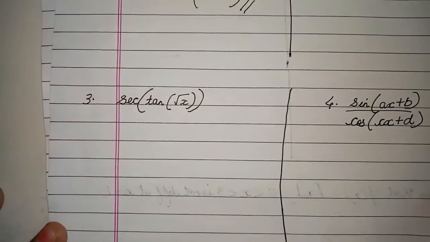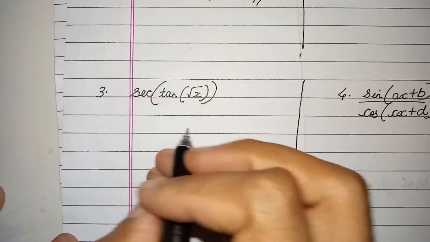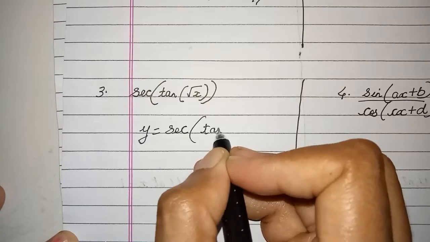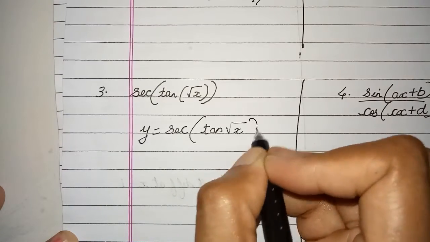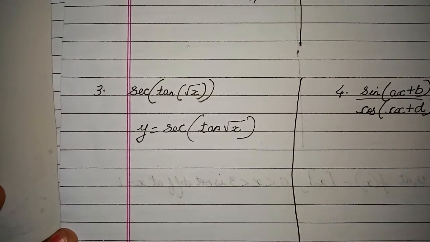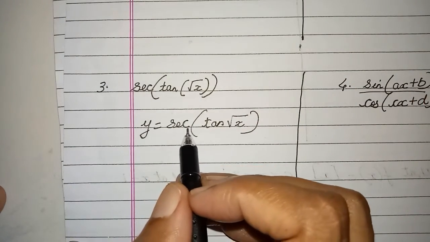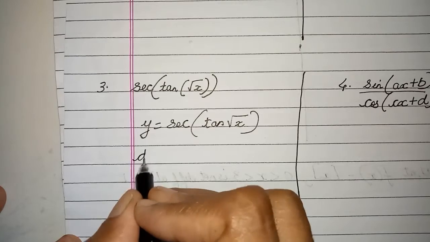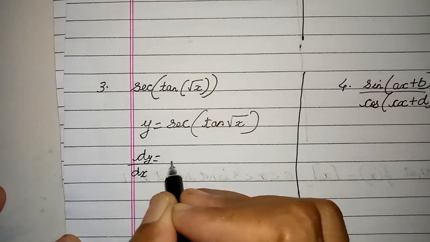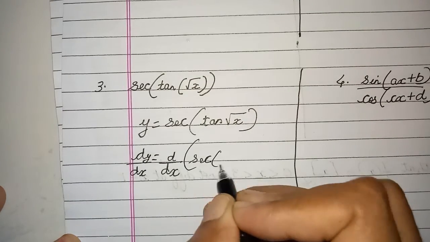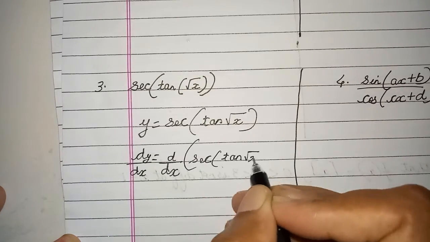The next one is sec of tan of root x. So it is going to be y equal to sec of tan of root of x. Now, children, what is the derivative of sec x? The derivative of sec x is sec x tan x. So I will write dy by dx as d by dx of sec of tan of root x.